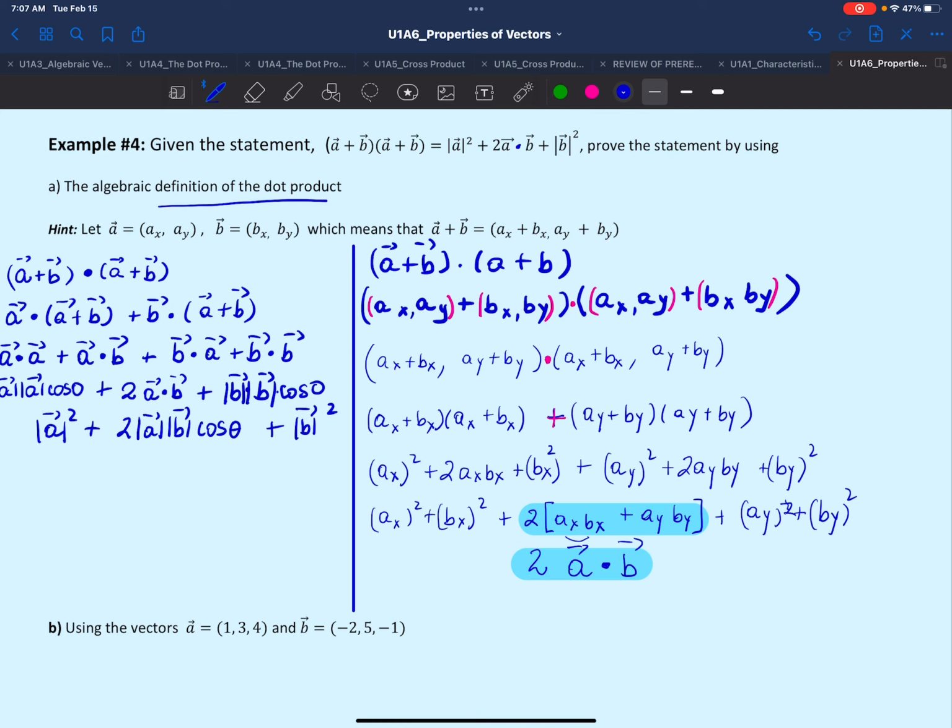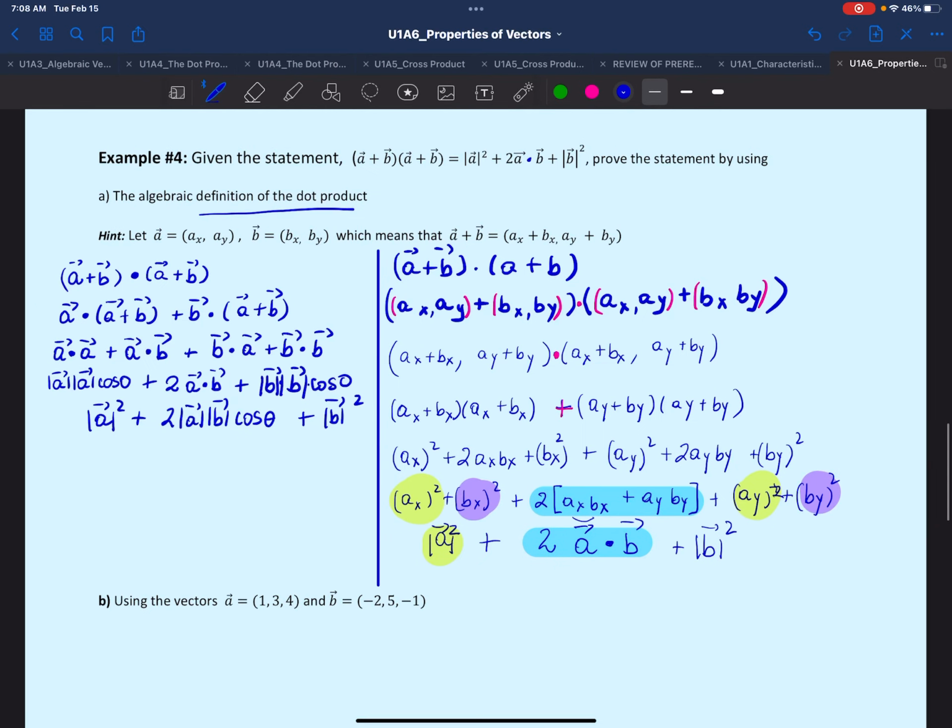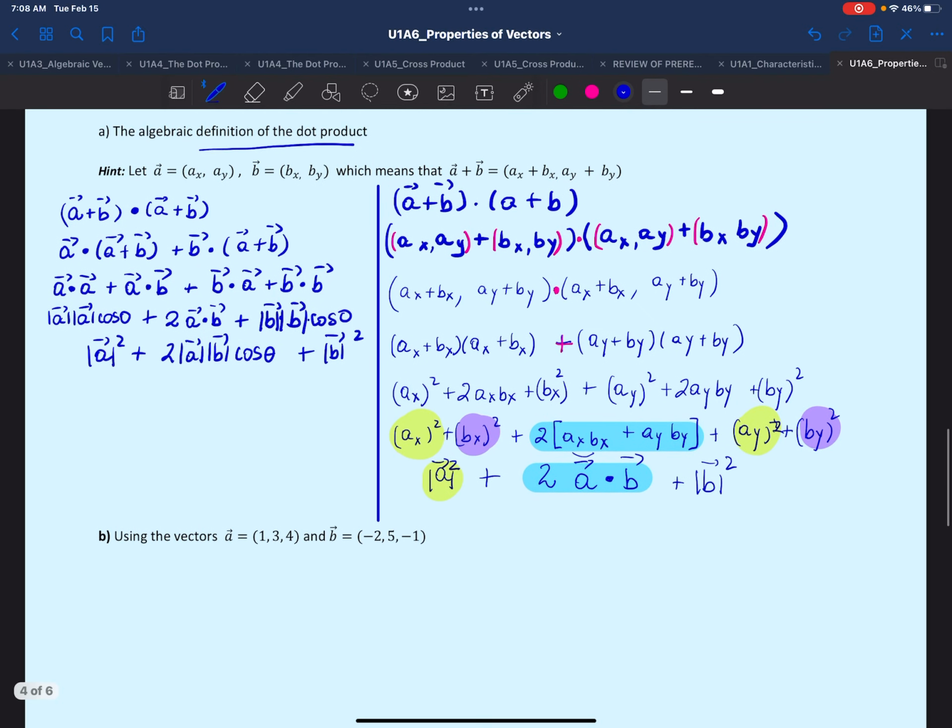So we're going to say that AX squared plus AY squared will give magnitude of A squared, obviously. And similarly, BX squared and BY squared will give magnitude of B squared. And there you go. The statement is proven.